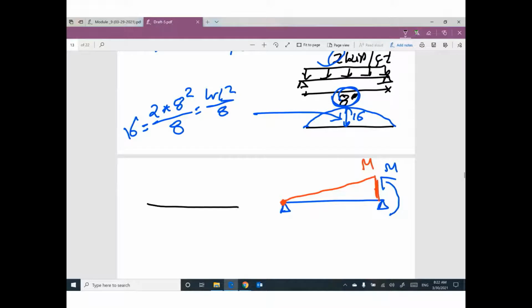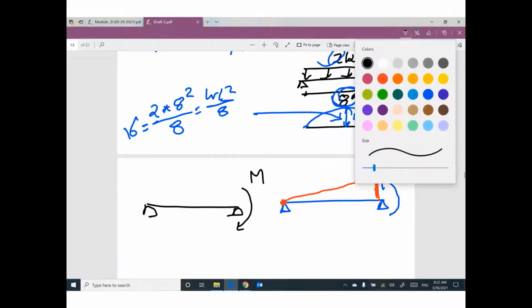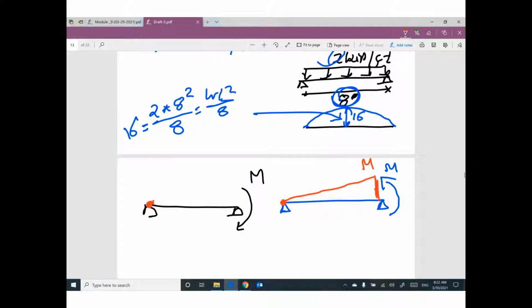If you have a beam and the applied moment like this, you will have 0 at this end, and M at this side, and you have a triangle like this.